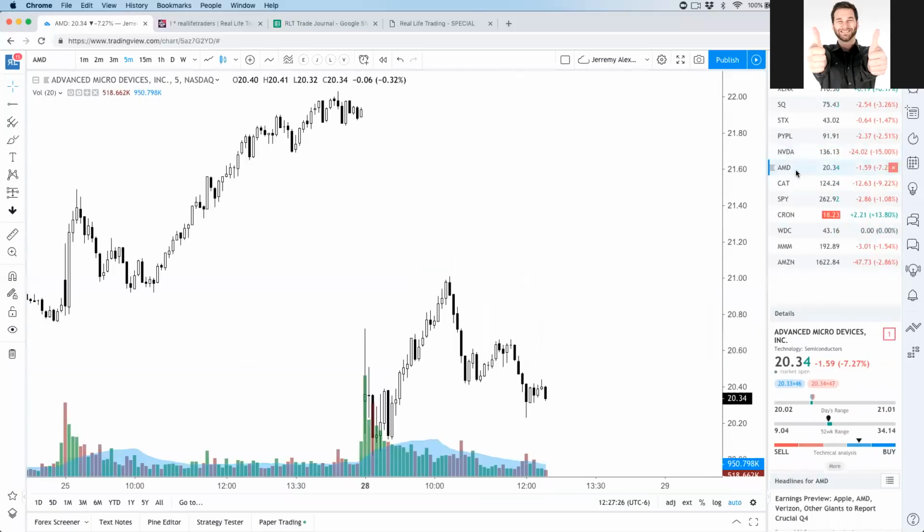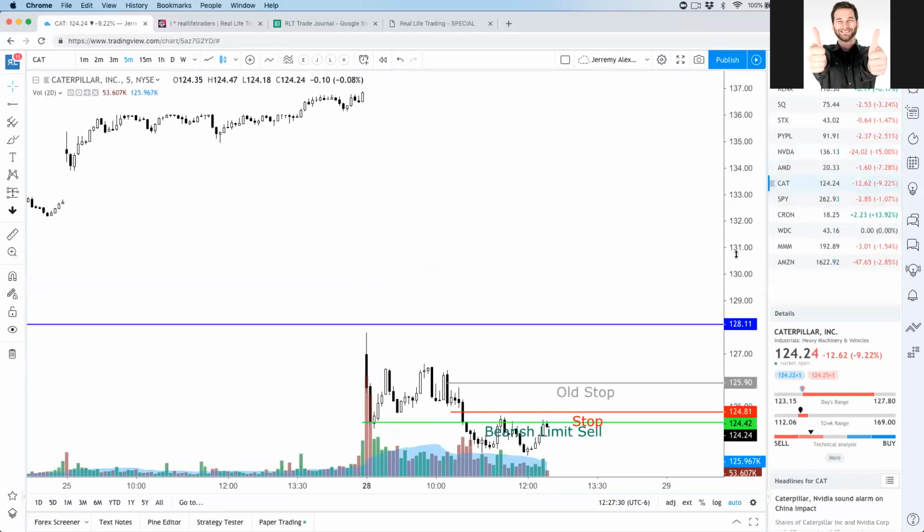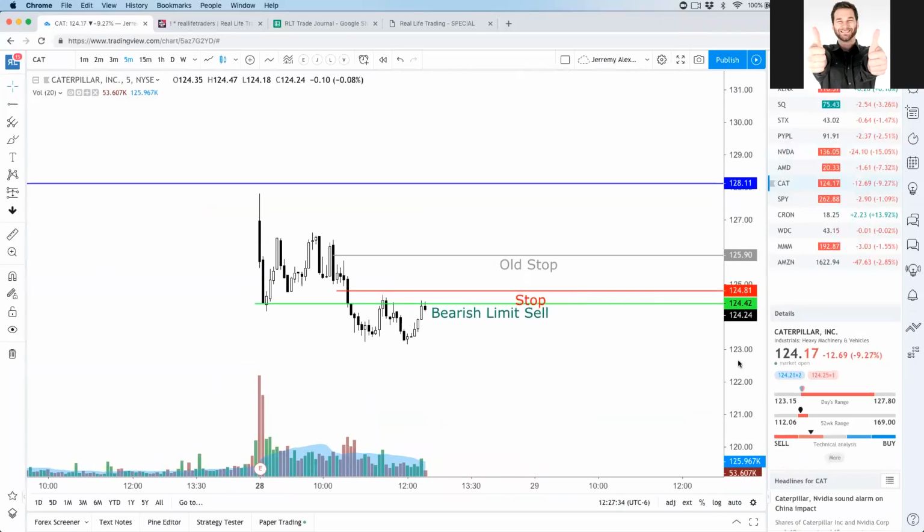AMD looks like it's trying to break down a little bit farther. It doesn't have to by any means. Caterpillar's coming all the way back for another retest. And for anyone in this particular trade on Caterpillar, with a blue chip stock, you're only going to move down so far.